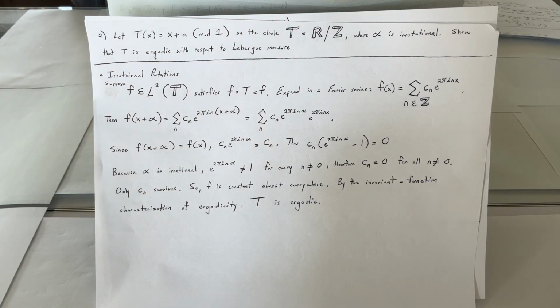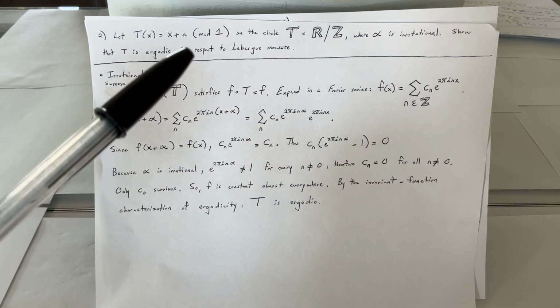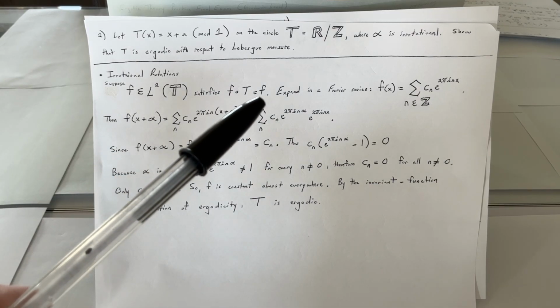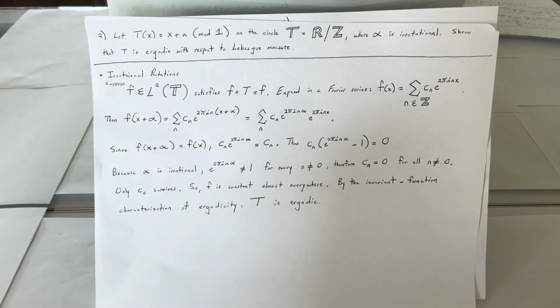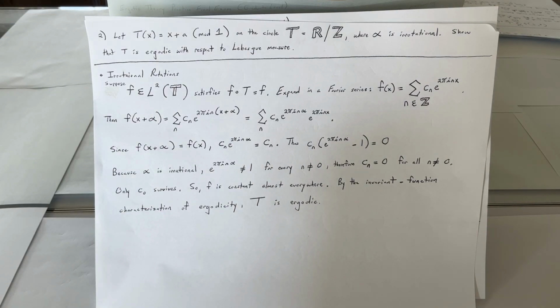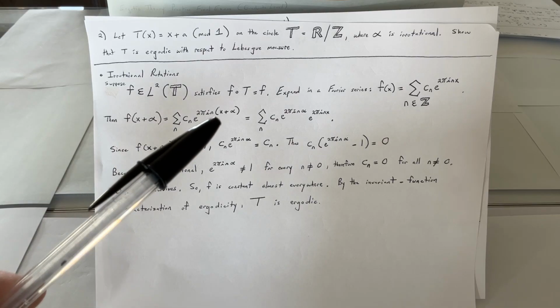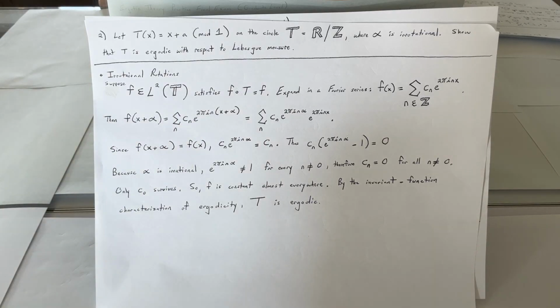So we suppose that f belongs to L2 of T, satisfies that f composed with T equals f, and expand in the Fourier series given here for f of x. Then we could say f of x plus alpha equals the following when we substitute in x plus alpha.